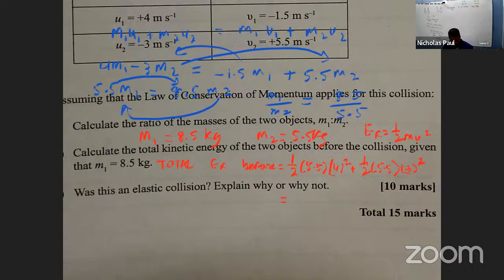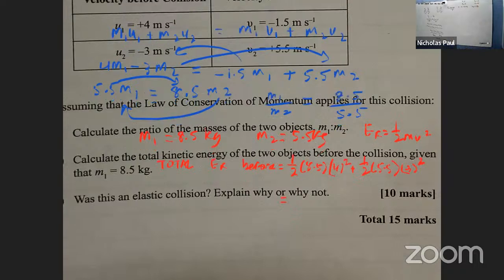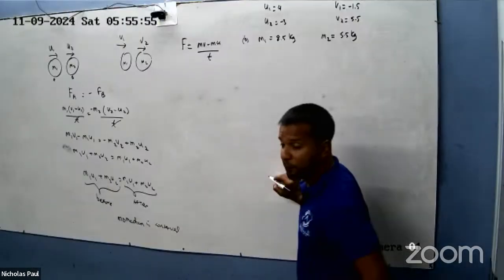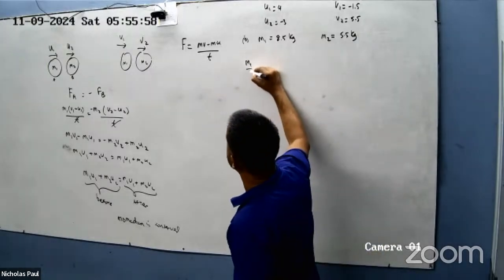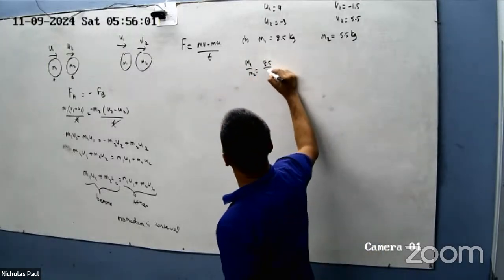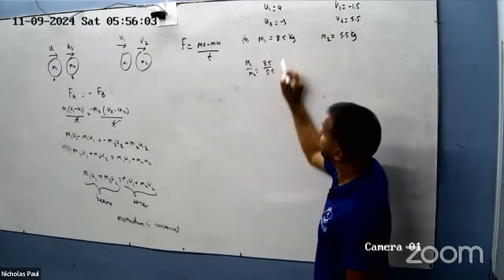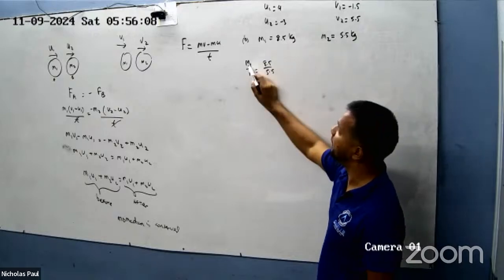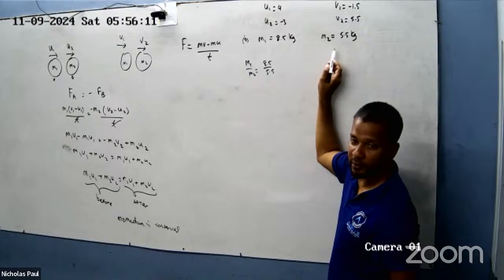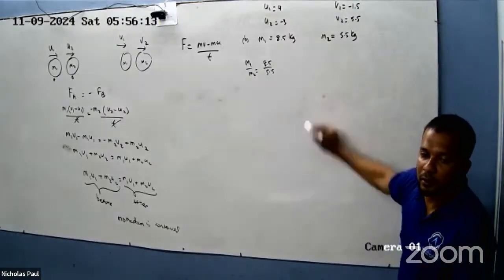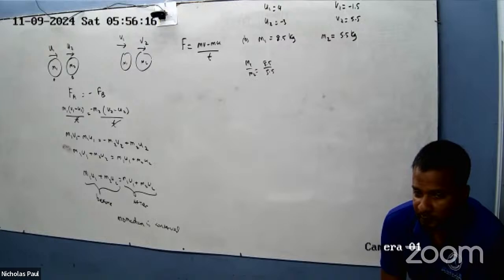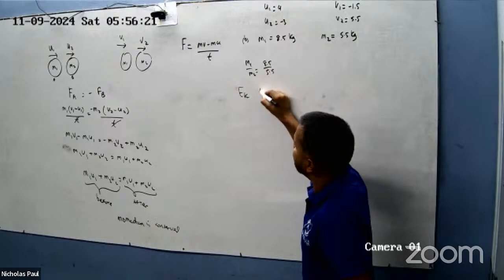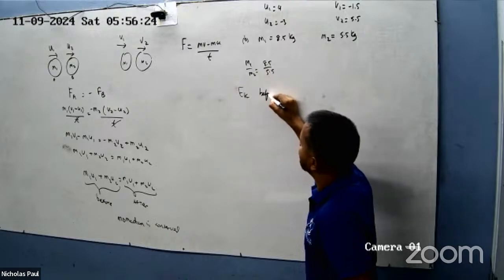Alright. Why I use this, because remember, we just worked out that M1 on M2 is 8.5 on 5.5. And the question said M1 is 5.5. So if I use M1 as 5, when I work out M2, you get 5. So kinetic energy before, right?